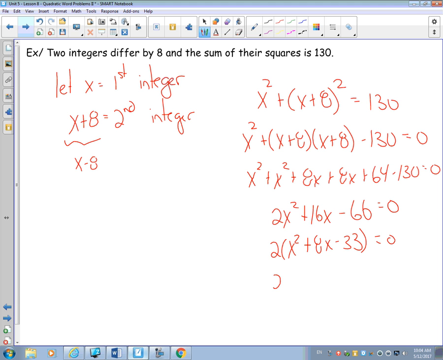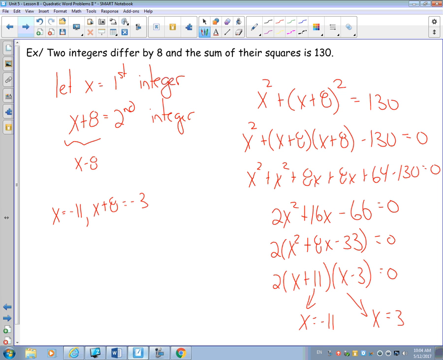What multiplies and adds in this case? Well, x plus 11 and x minus 3 will work. So our answers are negative 11 and positive 3. So to go back to the let statements, if x is negative 11, then x plus 8 makes negative 3.